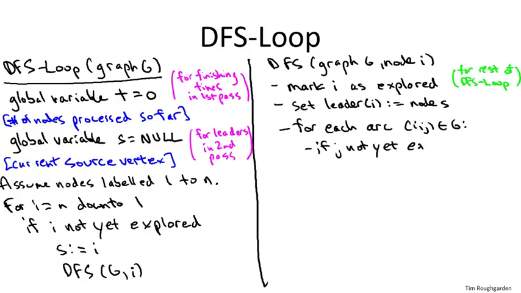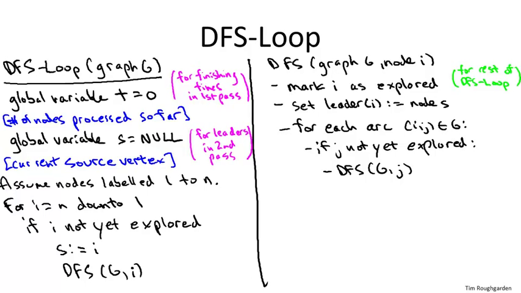There's no more outgoing arcs to explore. We think of it being finished. Remember, t is the global variable that's keeping track of how many nodes we're done with. So we increment t because now we're done with i. And we also remember that i was the tth vertex with which we finished. That is, we set i's finishing time to be t.